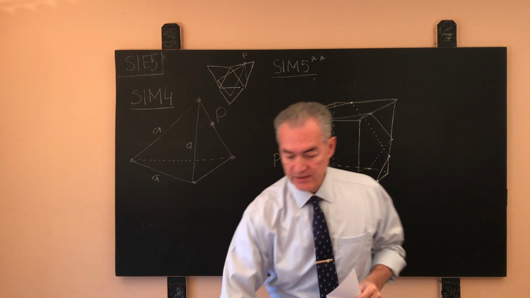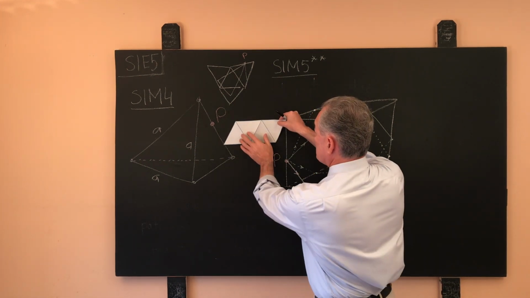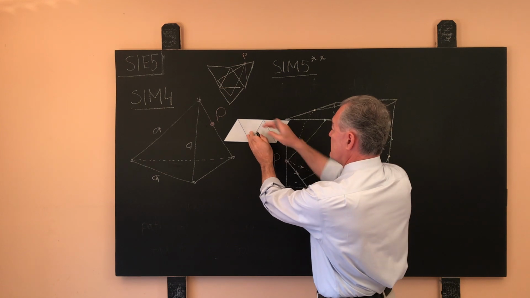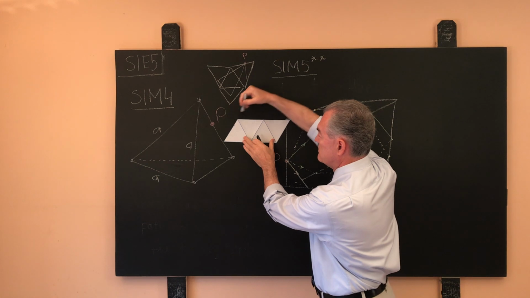For example, let's say with this particular net, the point P is located somewhere over here.